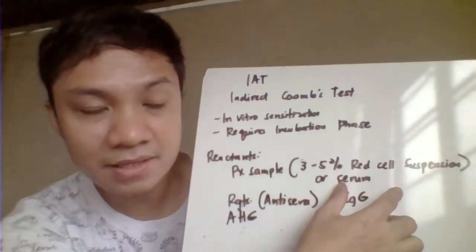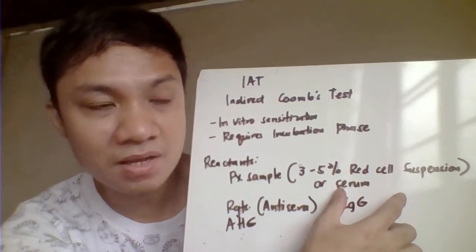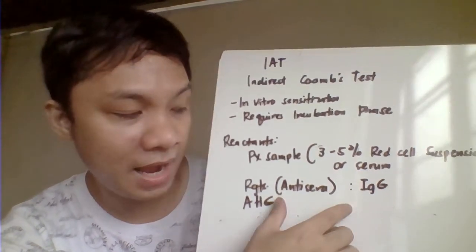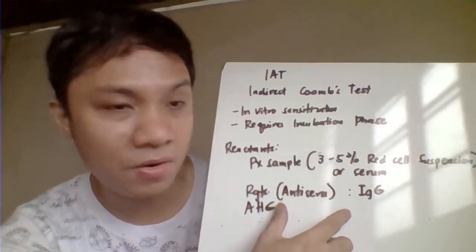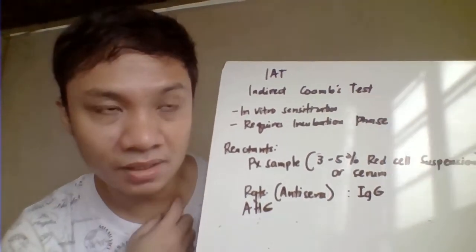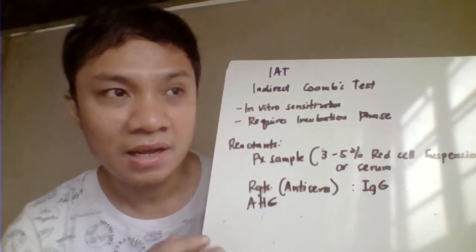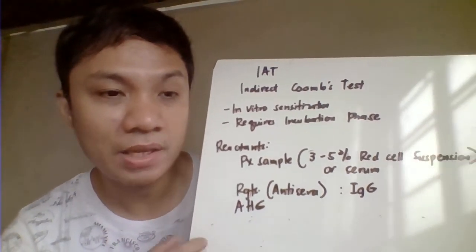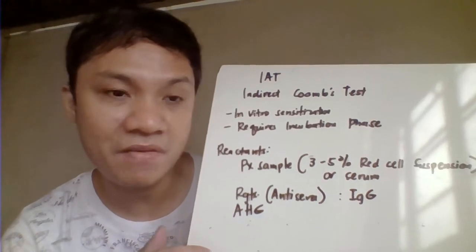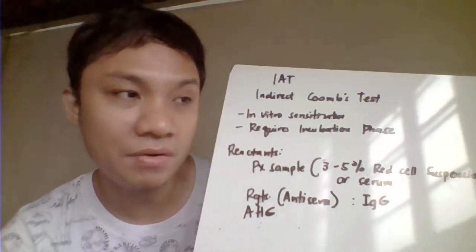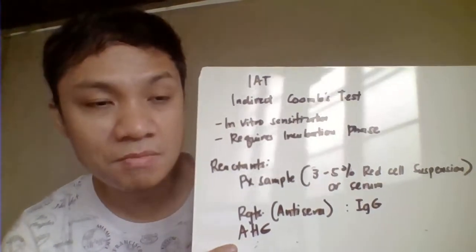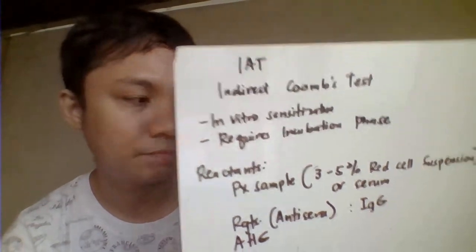But if you're using the serum of the patient as your sample, dapat ang ating reagent is an antigen. Basta remember, you are dealing with an IgG antibody that may be found in your sample or even in your reagent. Then you add anti-human globulin to visualize that one.